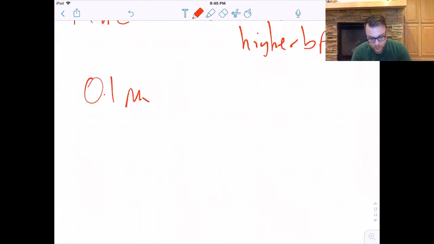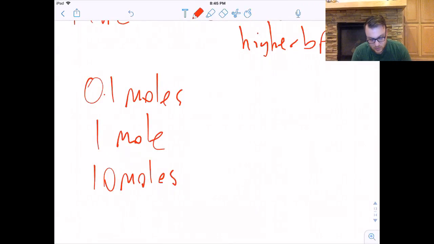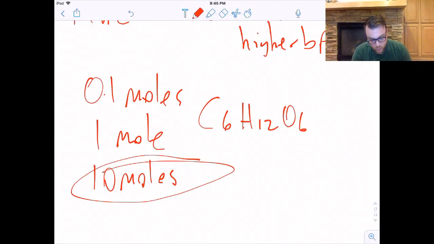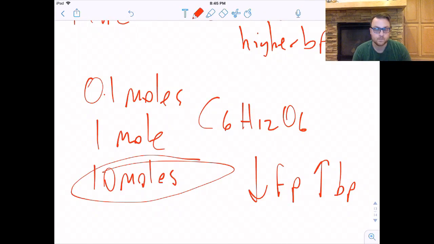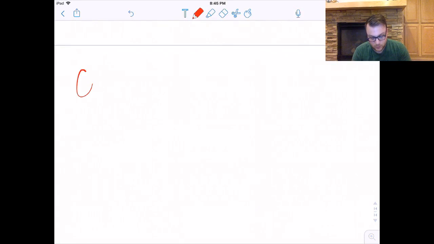The same is true for an ionic substance. If you were comparing 0.1, 1, and 10 moles of NaCl, they're all the same type of substance. 10 moles will lower the freezing point the most and raise the boiling point the most.